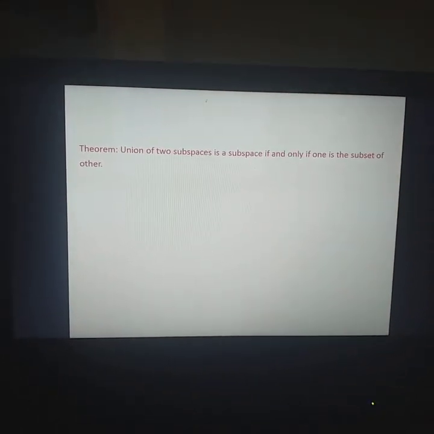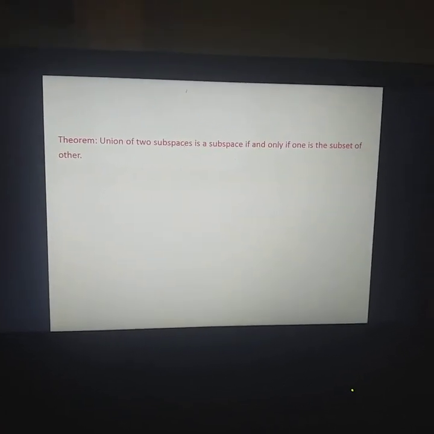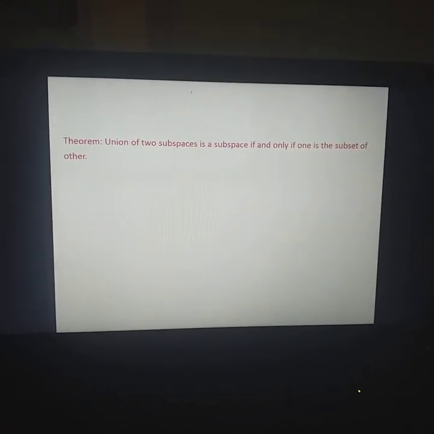Dear friends, in this video, we learn the necessary and sufficient condition for the union of two subspaces of a vector space to be again a subspace.